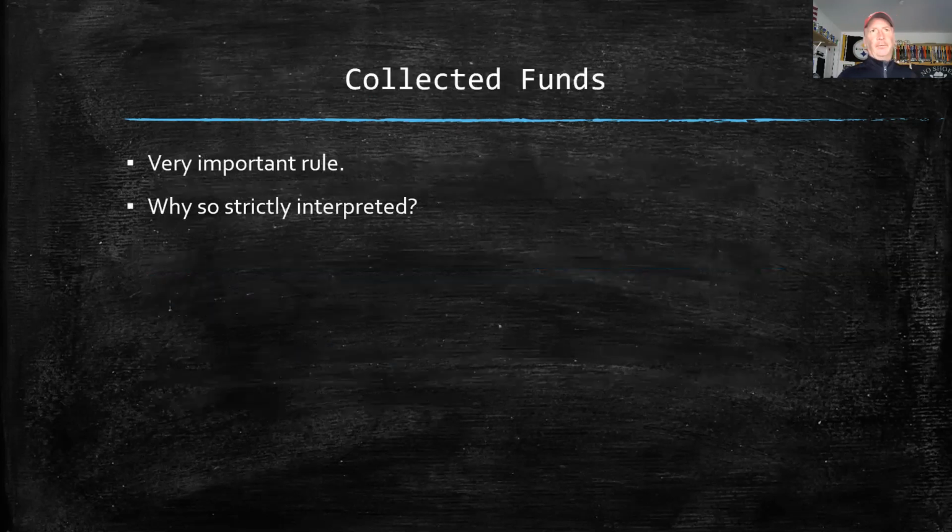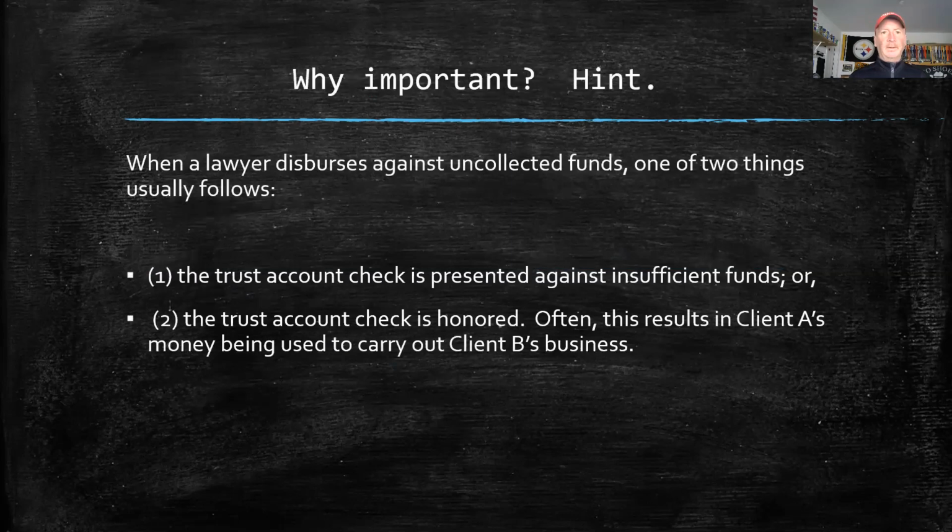So why are they so strict with this rule? Well, here's a hint. When a lawyer disburses against uncollected funds, one of two things usually happens. Either there's nothing in the account or not enough to cover the disbursement because the funds weren't collected, and there's an overdraft.